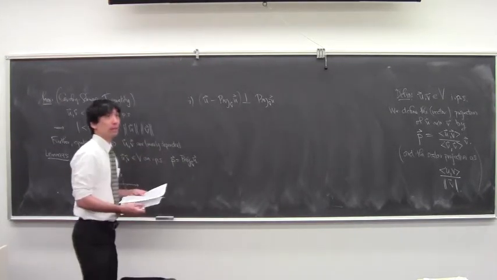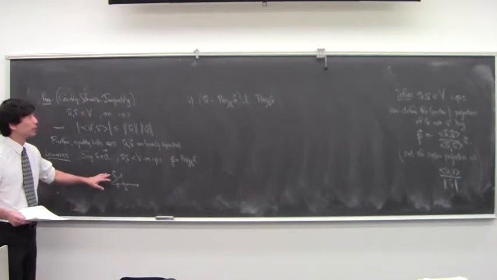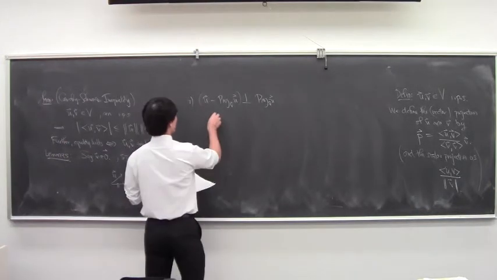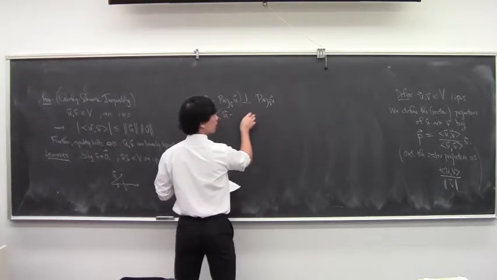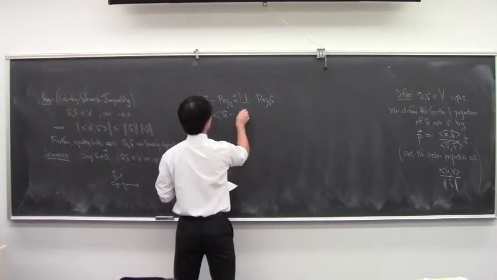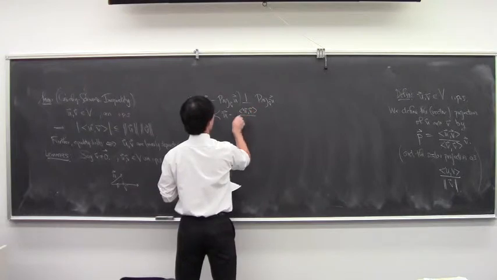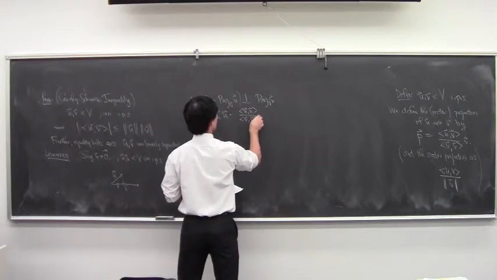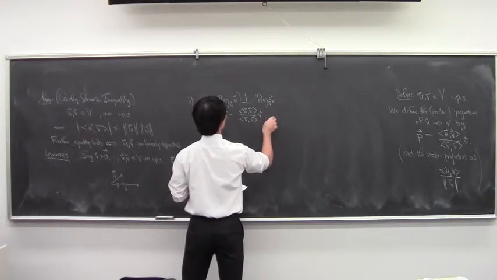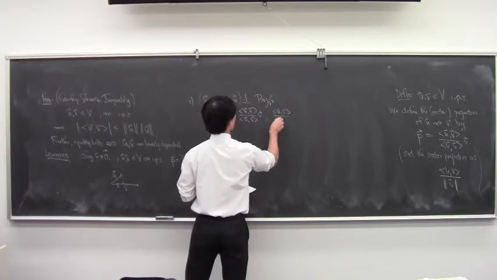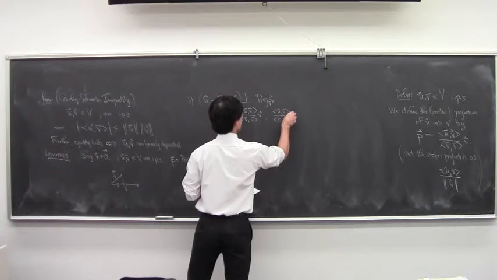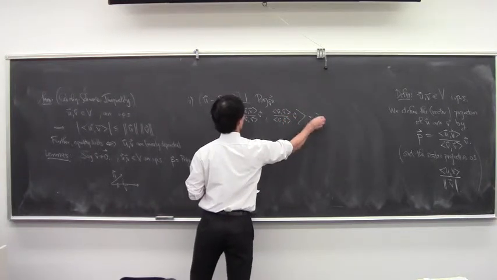And that's just an easy calculation. You want to see that U minus the projection of U on V, that's UV over VV times exactly that, equals 0.